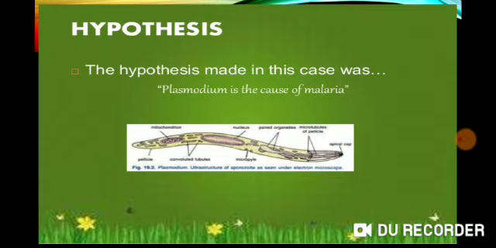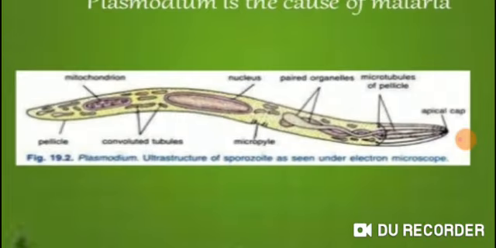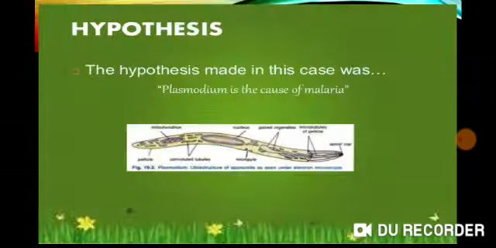So the hypothesis made in this case was that plasmodium is the cause of malaria. Here you can see the internal structure of plasmodium, the cause of malaria.